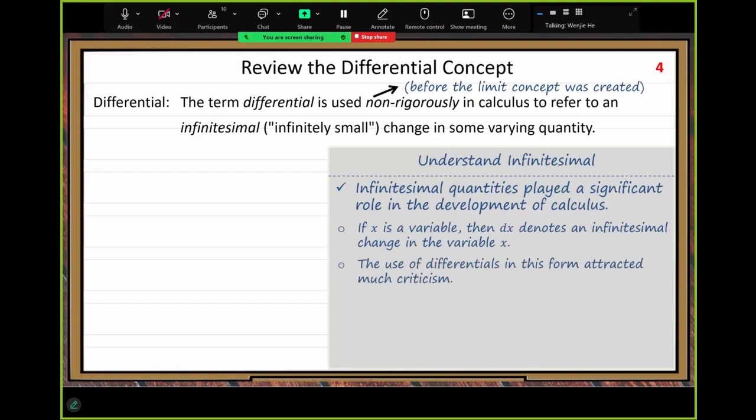The use of differentials in this form attracted much criticism. Many rejected it. It was a very big problem. But the notation remained popular, because when people used this concept to solve real-world problems, it was very effective.